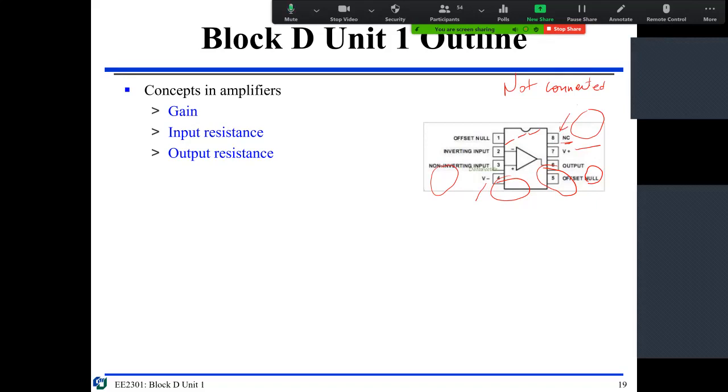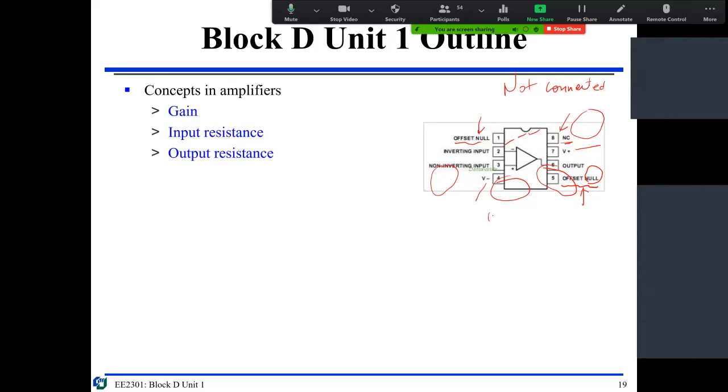The reason you have 8 is you have 4 by 4, so you have 1 extra. Then the offset null is for you to adjust its drift. The amplifier may not be ideal, so you may get drift.